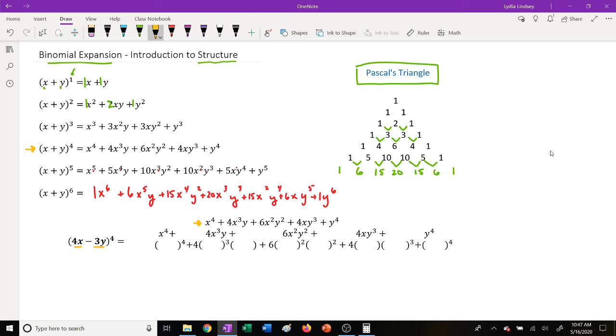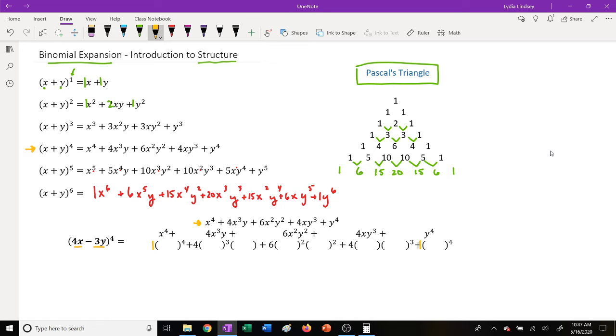If I had raised to the 7th power, I'd have to know the 7th row. And then I separated things out because I'm going to have to insert things in place. Notice that I'm keeping that 1, 4, 6, 4, 1. So the number itself from Pascal's triangle remains in position.